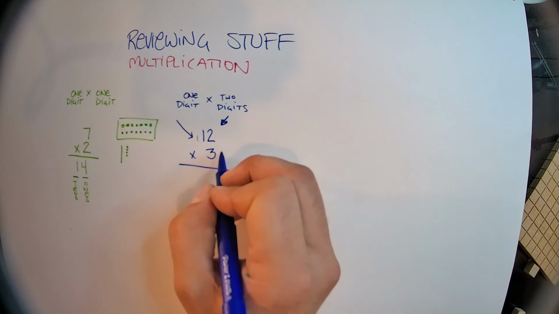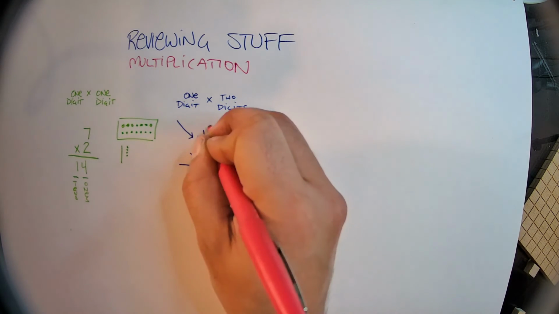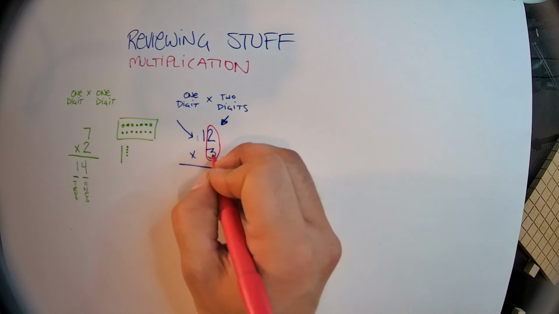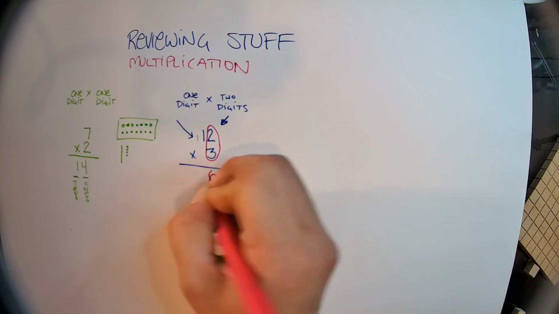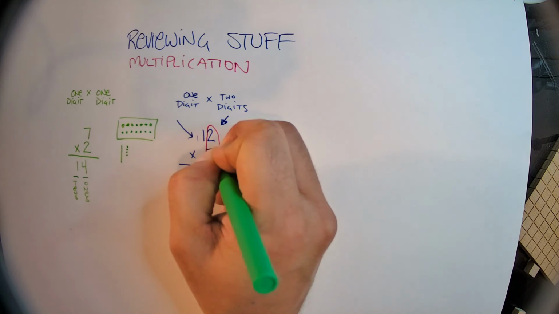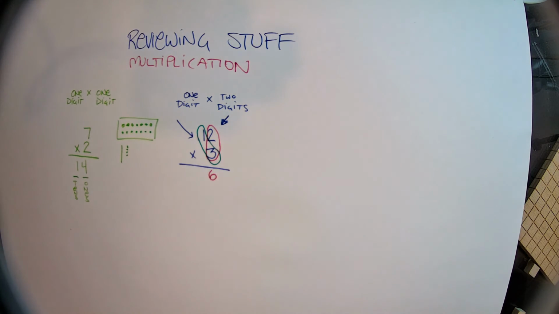So the first thing that you do is you are going to multiply your ones place times your ones place to get your answer for your ones place. So 3 ones times 2 ones equals 6 ones. So we have finished our ones place times our ones place. Now what we need to do is take our ones place on the bottom and multiply it by our tens place on the top.